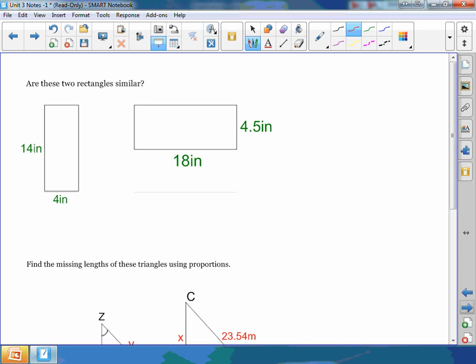It's a yes or no, but invariably it's going to be followed by prove it to me. How many have an answer? Yes or no? Marion, what do you think?